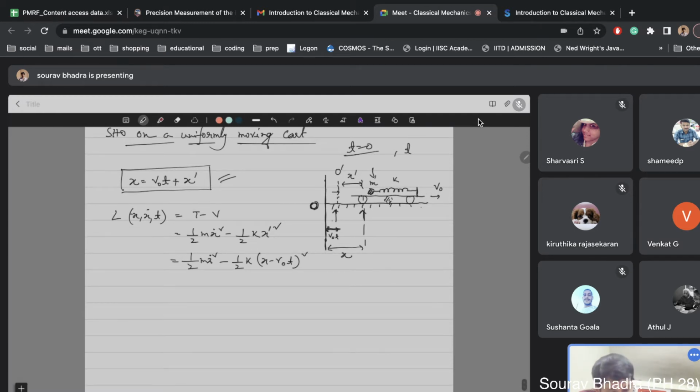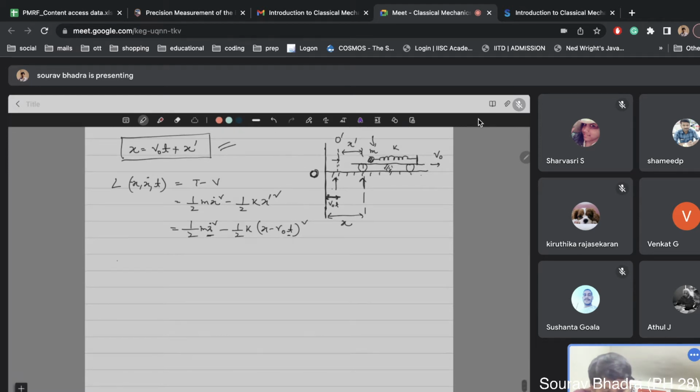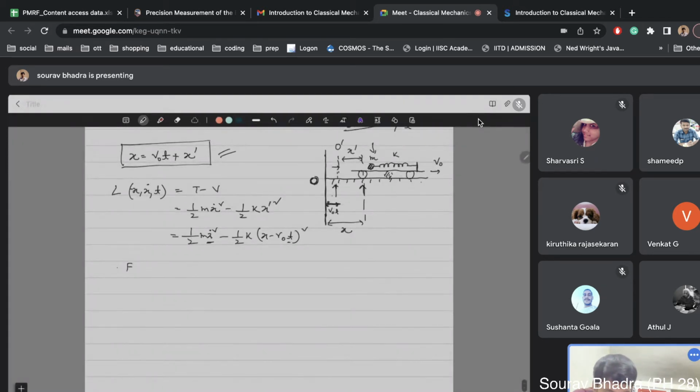So this is the Lagrangian, where our dependent coordinates are x, v, where v is uniform, and time. So there is no x dash dependency in this particular Lagrangian. Remember that the Lagrangian is an explicit function of t also here, because here is the t term.